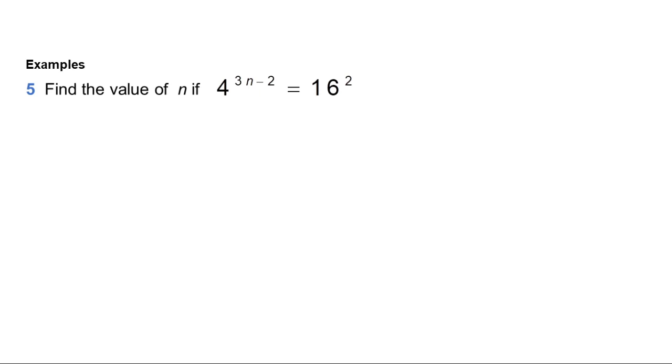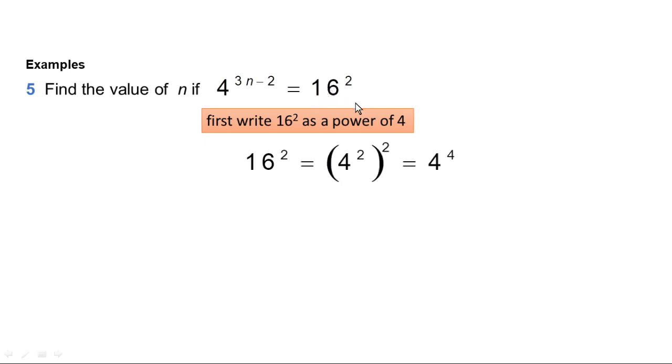Next, find the value of n if 4 raised to the power of 3n minus 2 is equal to 16 raised to the power of 2. You will notice that I can change that 16 to a power of 4. 16 can be changed to 4 raised to the power of 2.